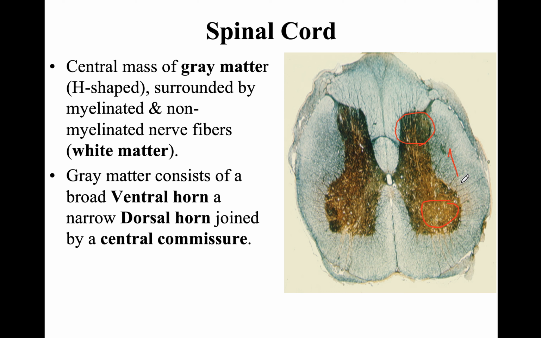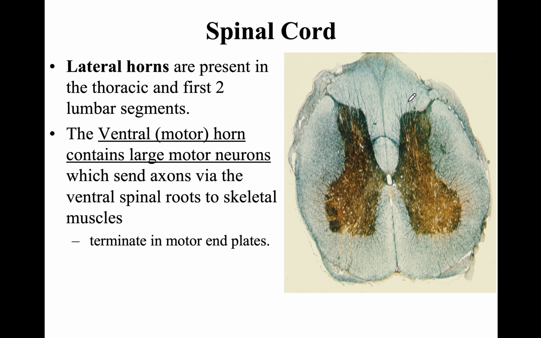And the area outside here is the white matter. Usually in the white matter we mostly have neuronal processes, which include the axons and dendrites. As I said, the dorsal is sensory, the ventral is motor.